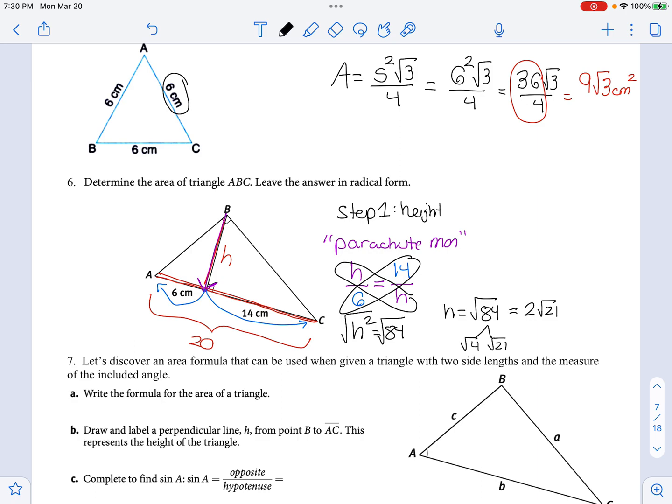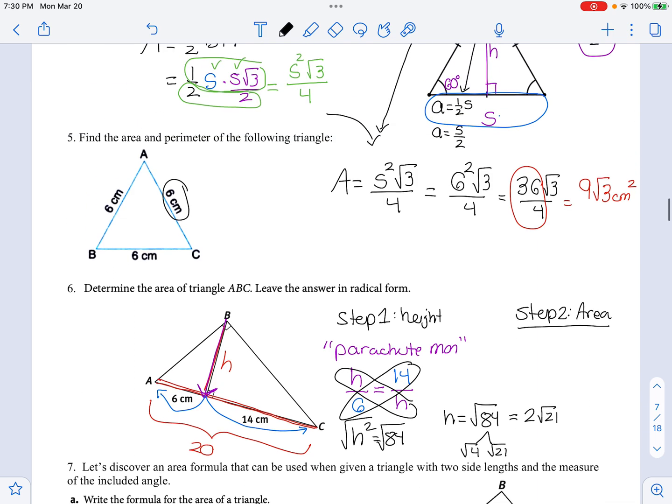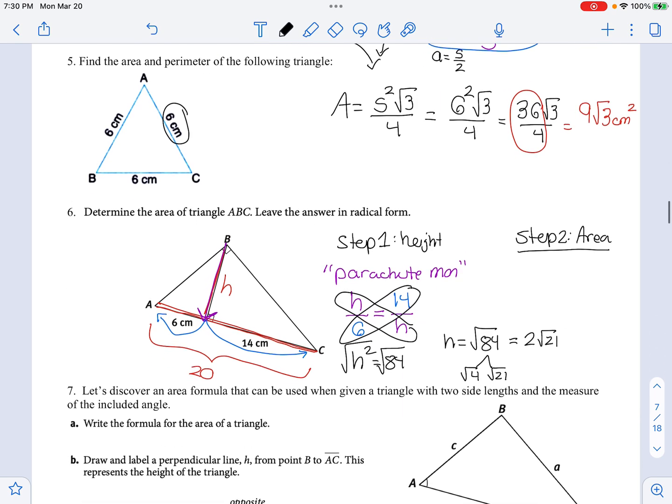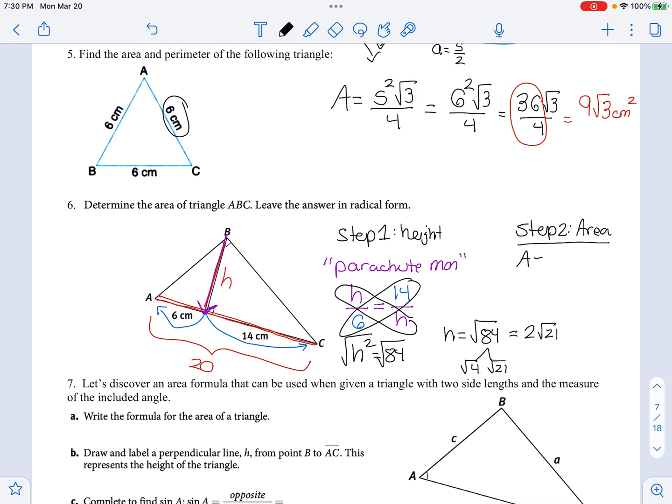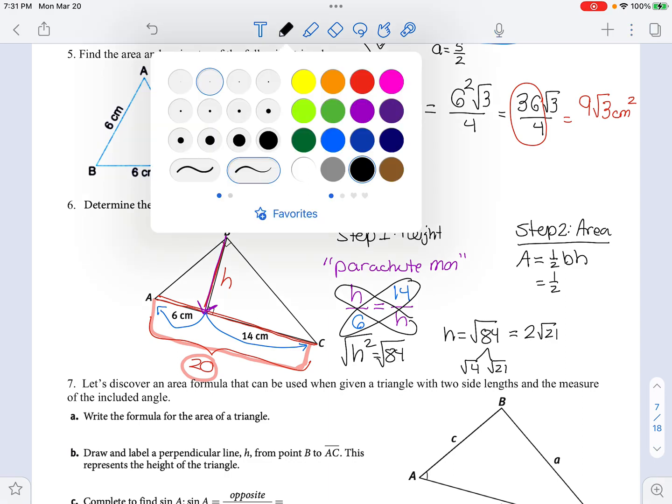Now after step 1, step 2 is find the area. And since this is not equilateral, we cannot use the formula that we learned just above, but we have to go back to the original formula of 1/2 base times height. Remember that the base of the triangle is that full side, so the base of my triangle here is 20.